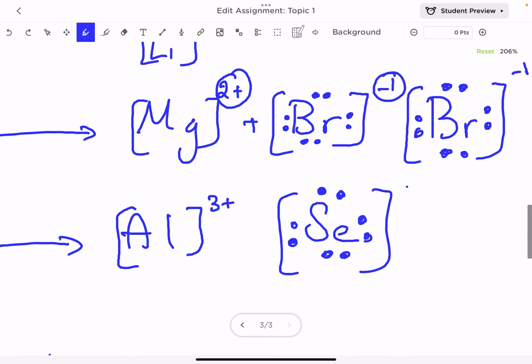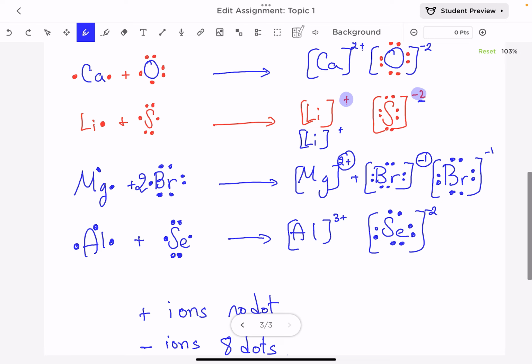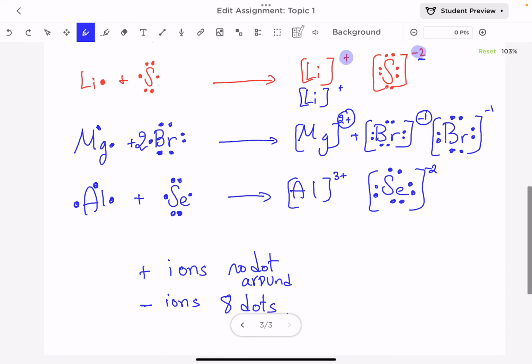Now, however, the positive and the negative are not equal, so we need to make them equal. The 3 that is here means I'm going to need 3 selenium to have a total of 6 minus.